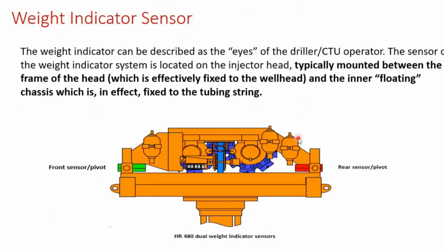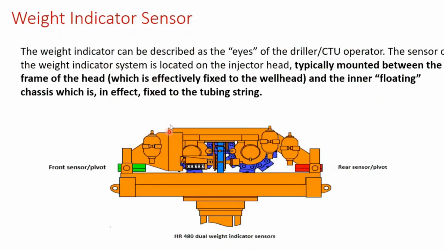The coil tubing pipe weight is affecting the injector frame itself. And the injector frame is rested on 2 points. On those 2 points, we will install our weight indicator sensors.